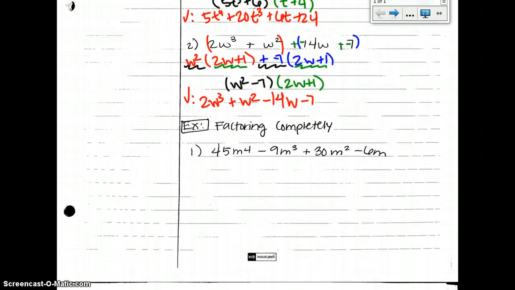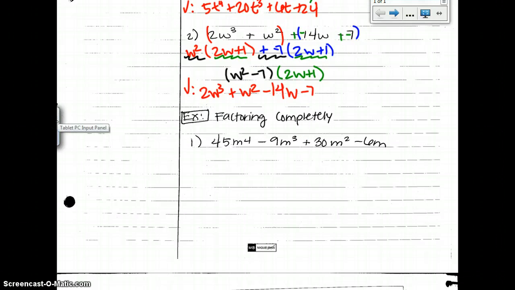Okay, factoring completely, 45m to the 4th minus 9m cubed plus 30m squared minus 6m. The very first thing that we are going to do is pull out a GCF between all of these terms. All of these terms are divisible by 3, and they all have at least one m.